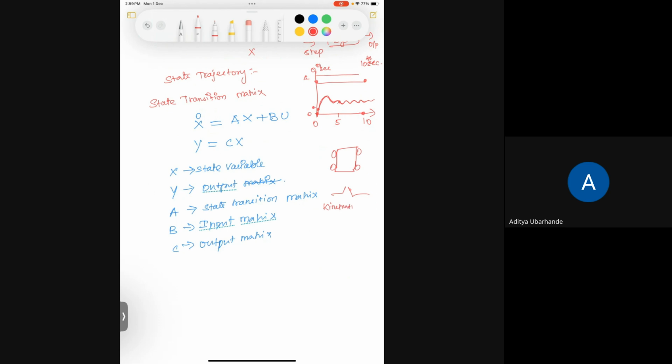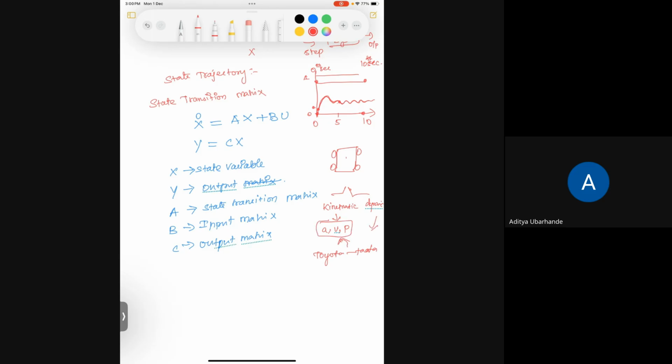One is kinematic modeling, another one is dynamic modeling. Kinematic modeling assumes states that are not physically related to the system, for example acceleration, velocity, position. If you replace a Toyota car with a Tata car, this won't change. For all cars, whatever speed you are going, this will be constant.